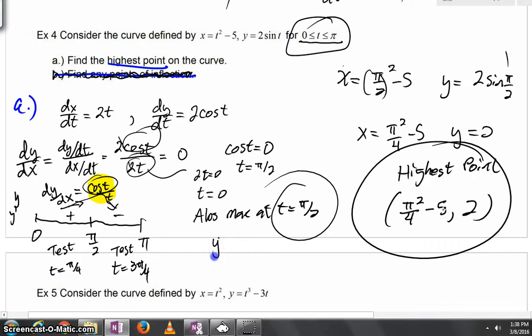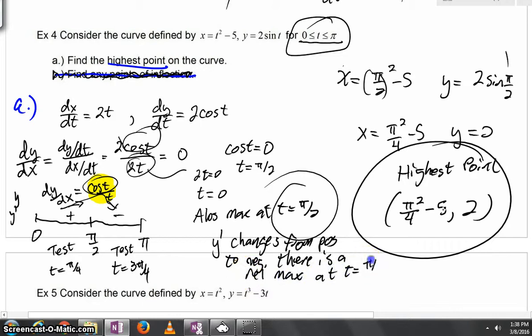because y prime changes from positive to negative, there is a relative max at t equals pi over 2.